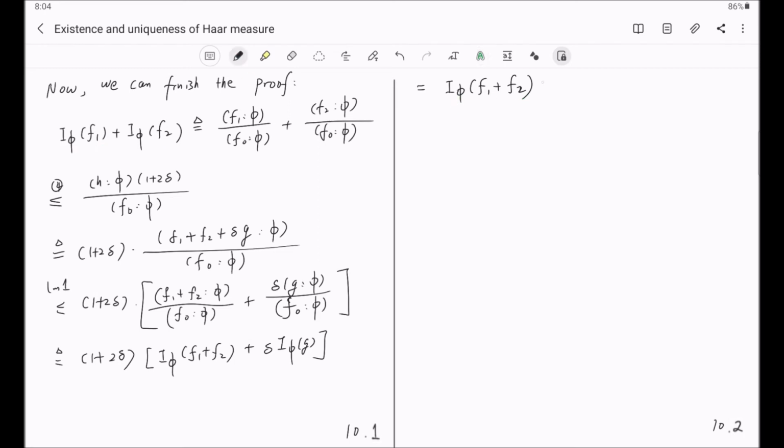And the rest of the term is 2 delta times Sv of f1 plus f2 plus delta times 1 plus 2 delta times I sub v of g. We'll put a bracket around the second part. Maybe we'll give it a star.